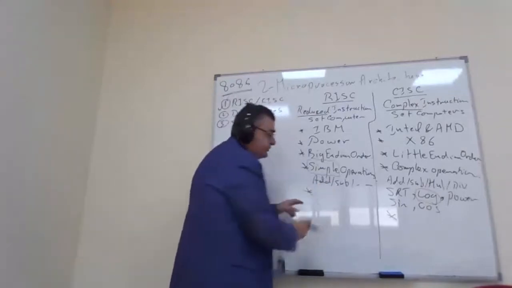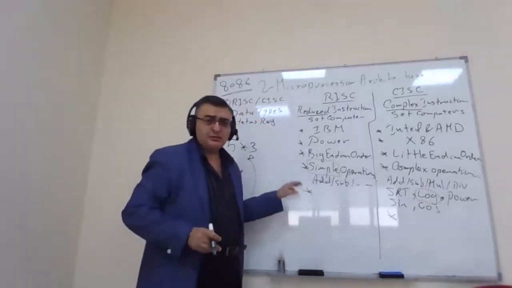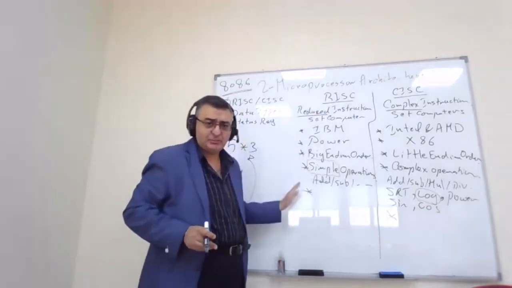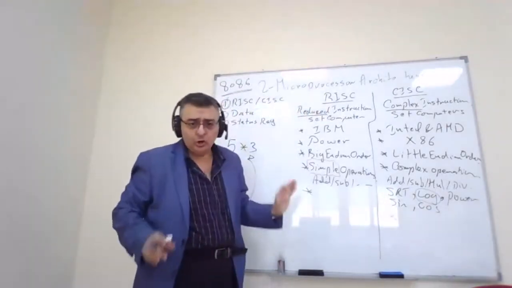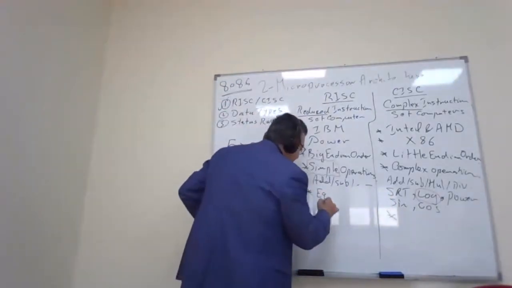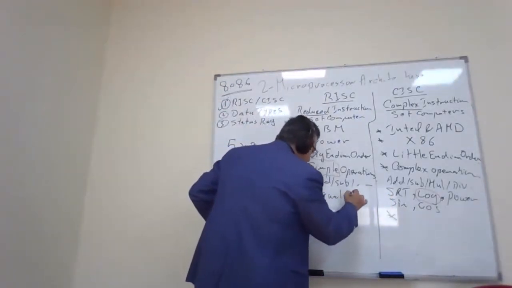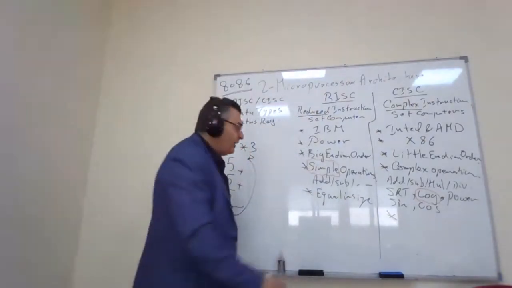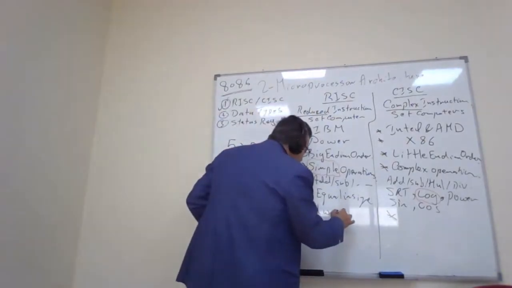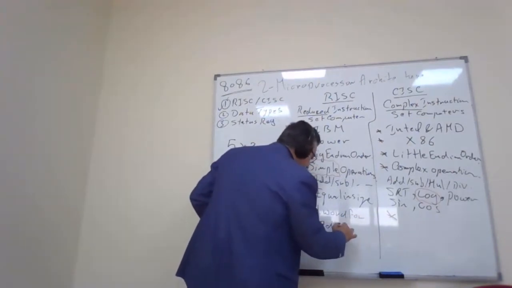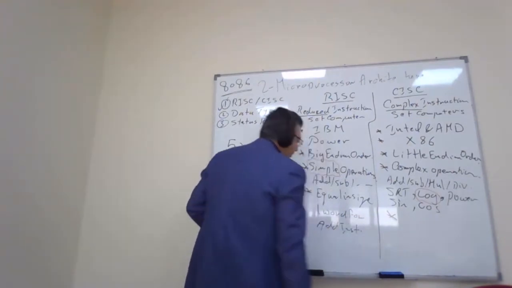One of the specifications to build a reduced instruction set, a RISC machine, is to have all the instructions equal in size. Maybe one word for all instructions in the machine.